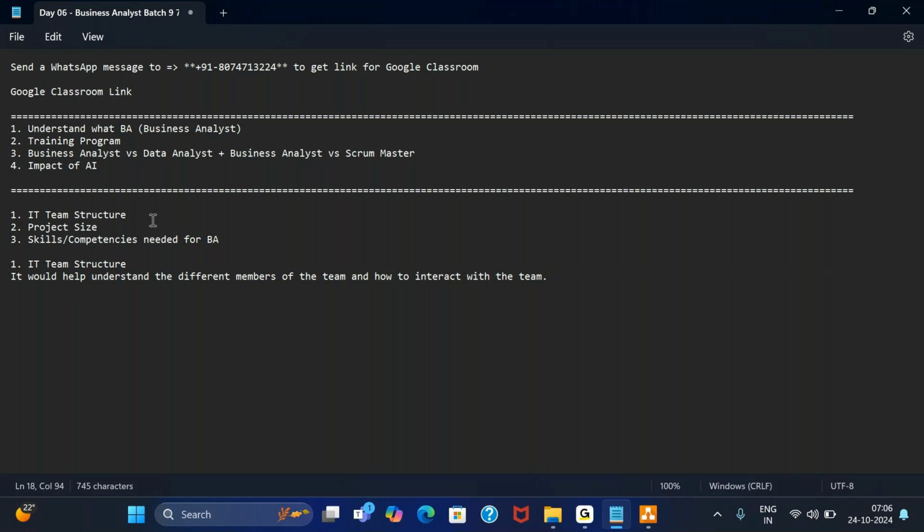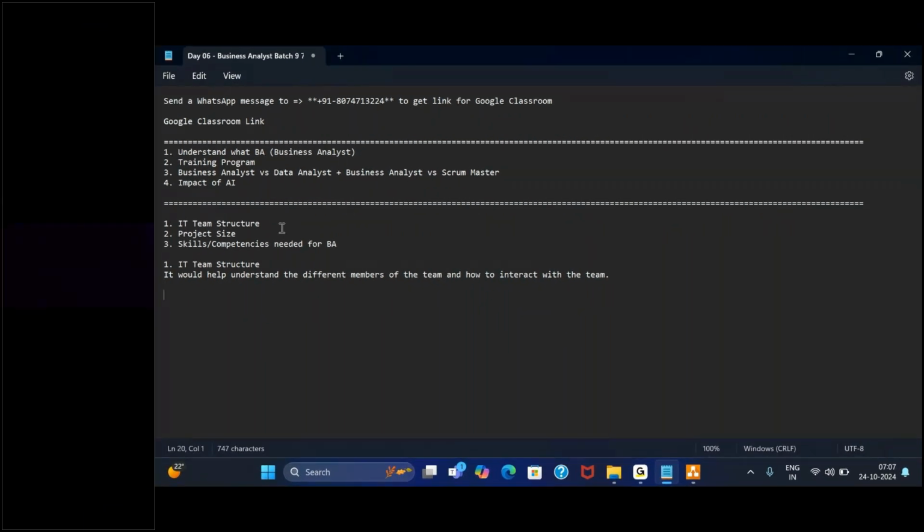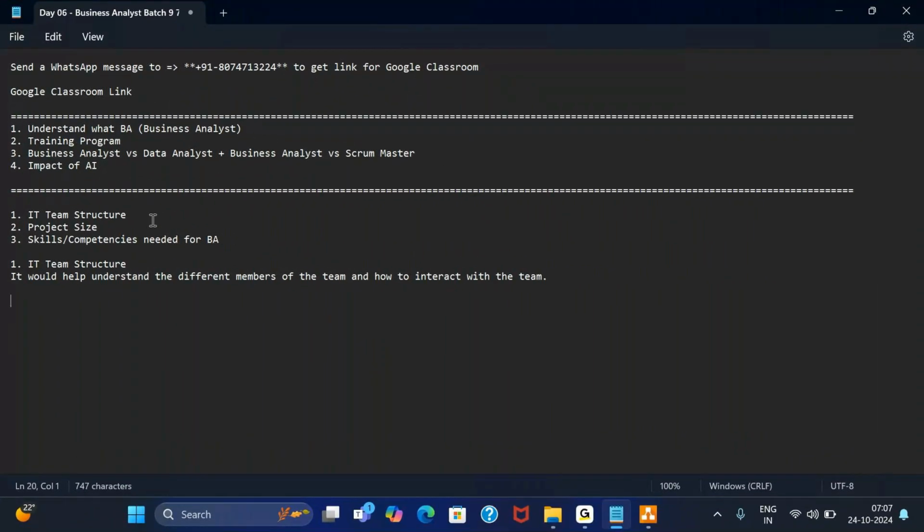Now, how is a team generally structured, and what is the team called? Within the IT industry particularly, you will find two categorizations of team. There will be one set of team, let's call it team 1, that focuses on developing or enhancing the product or the software.